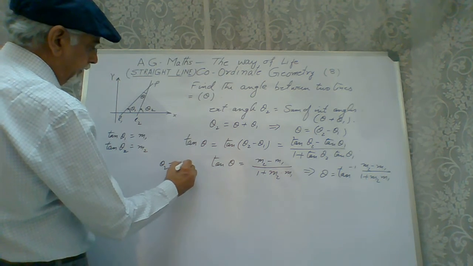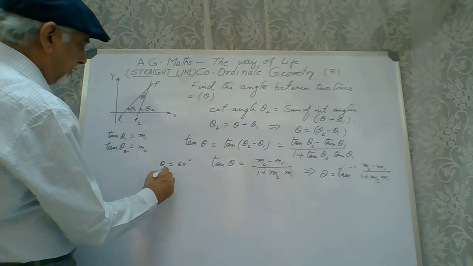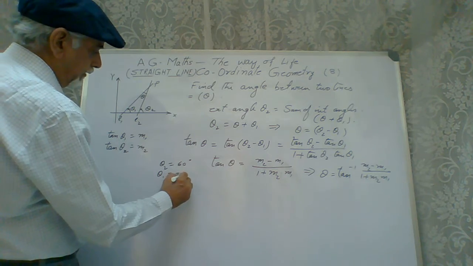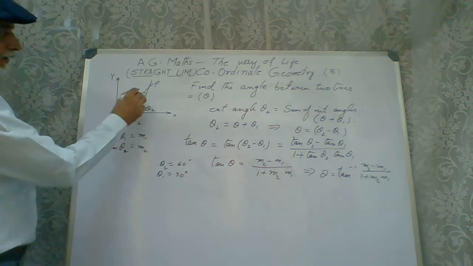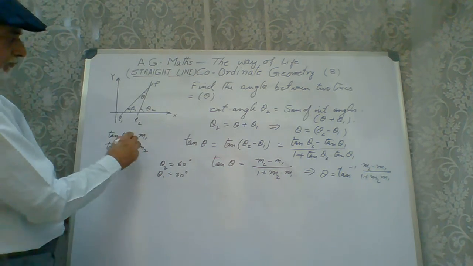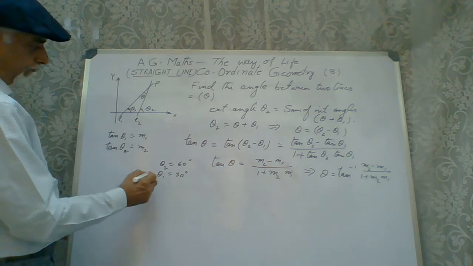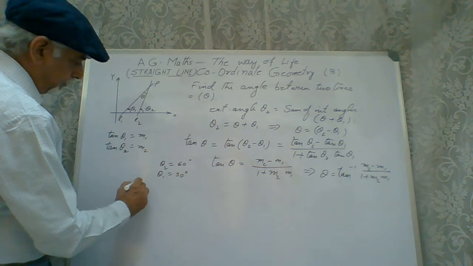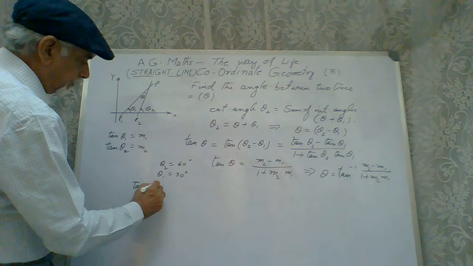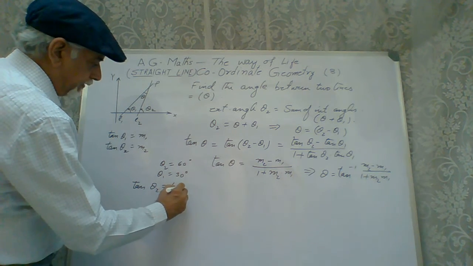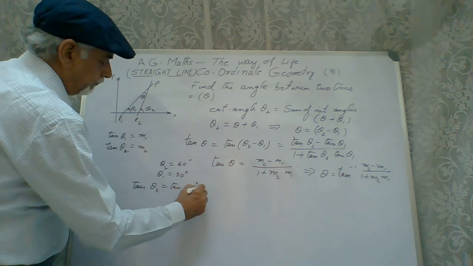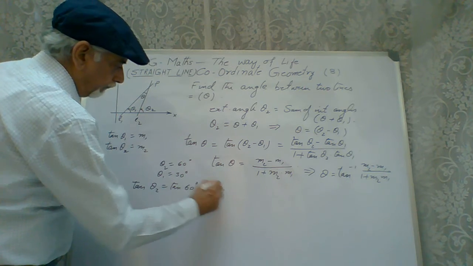For an example, suppose my theta 2 is equal to 60 degrees and theta 1 is 30 degrees. Then we have to find what is the angle theta. So we will find the value of tan theta 2. Tan theta 2 is tan of 60 degrees, which is equal to root 3.